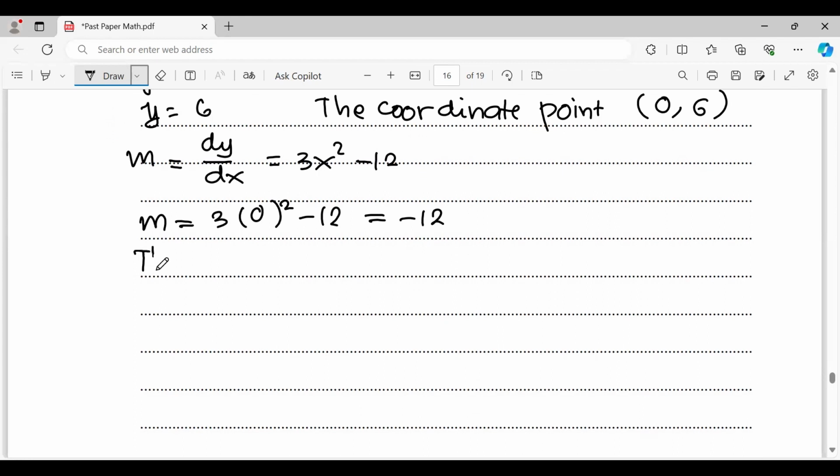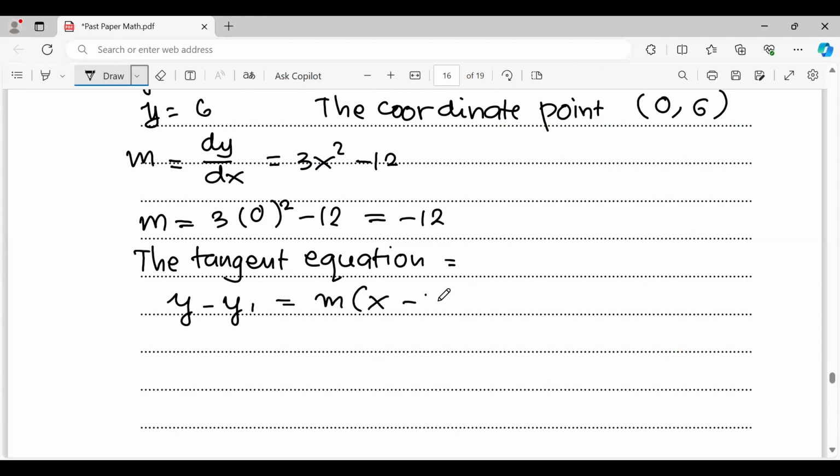Now the tangent equation: y minus y1 equals m times x minus x1. This is x1 and this is y1, right? y1 equals 6.